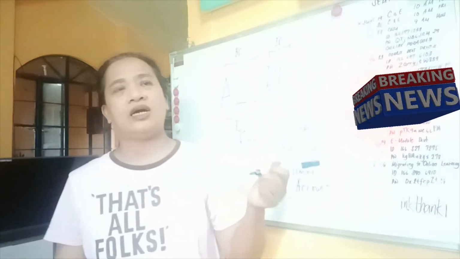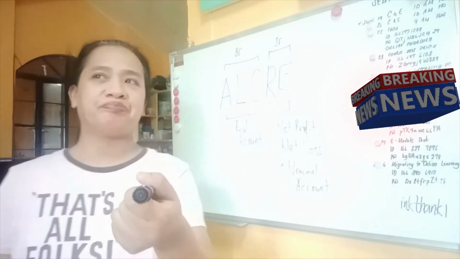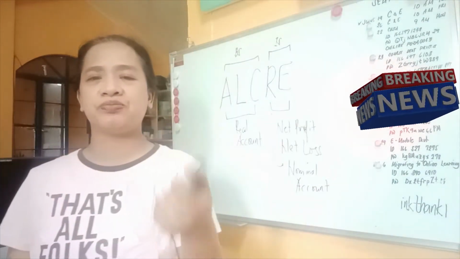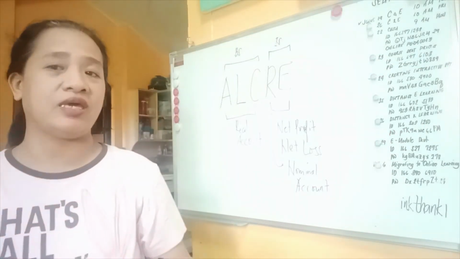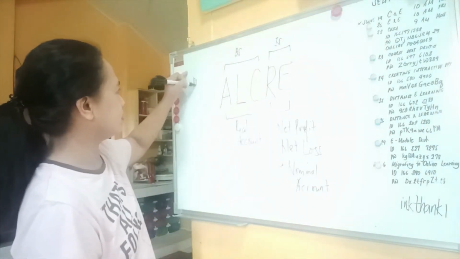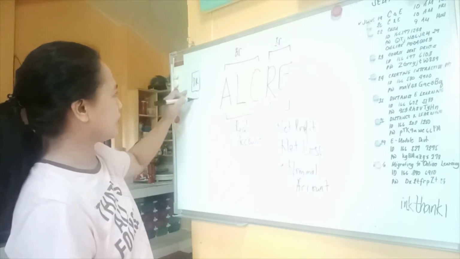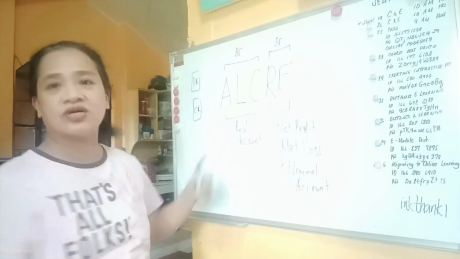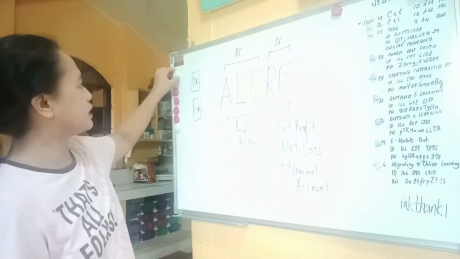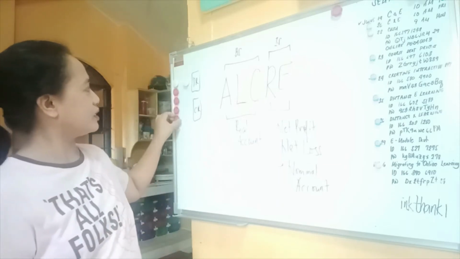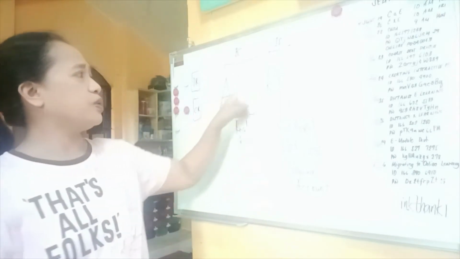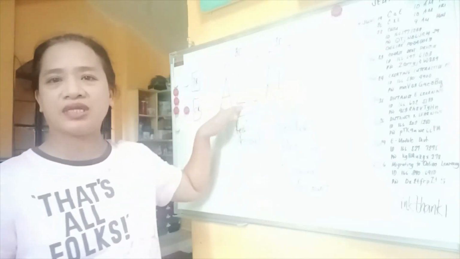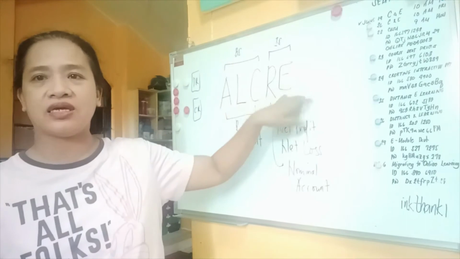Okay. Do you remember that when dealing with the accounts, it is important to know what is the debit and what is the credit. Okay. So debit and credit. So on my analysis, let's put the debit into white color and then the credit into red color. Okay. So if you will see the word ALCRE, A-L-C-R-E.